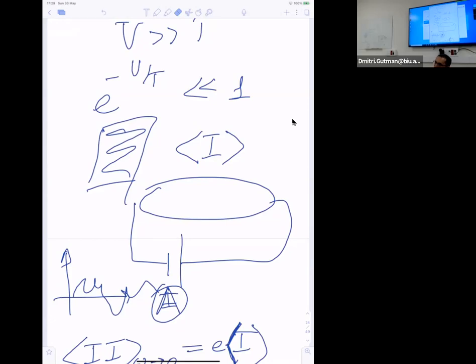So it would be very nice to see if the picture is consistent and measure this. But it's extremely difficult to go beyond the second moment. So the experiment has kind of reached a dead end. But theoretically, it's a very nice exercise.